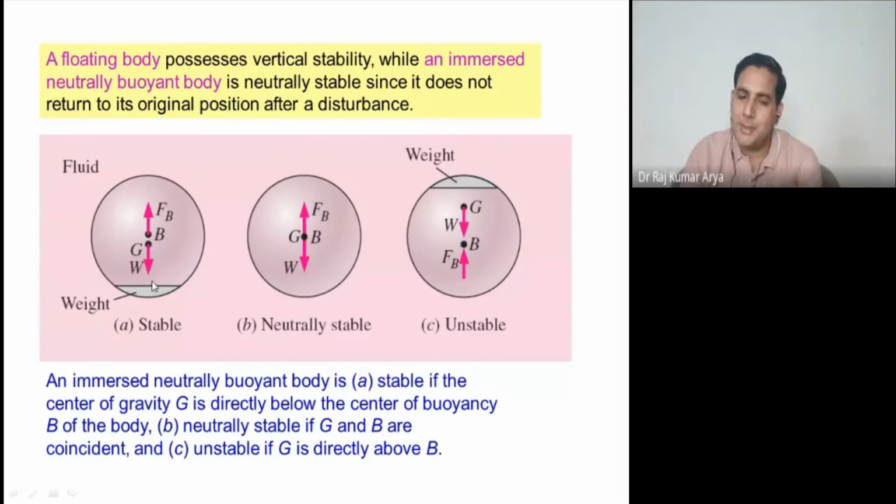Now, buoyancy always acts upward and it always acts at the center of the displaced fluid, not of your body or object. So if the weight and buoyancy lie in the same line and are equal, it is a stable condition. No change. The same thing happens in the case of your ball.